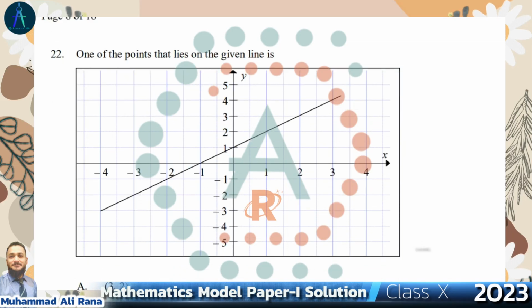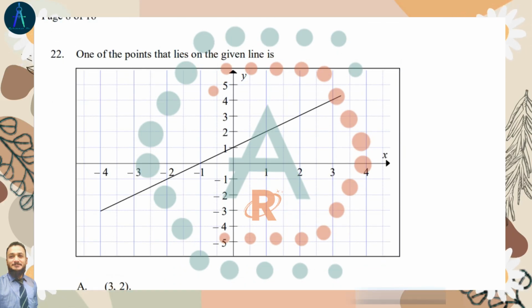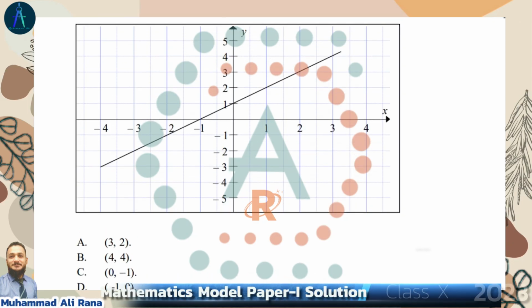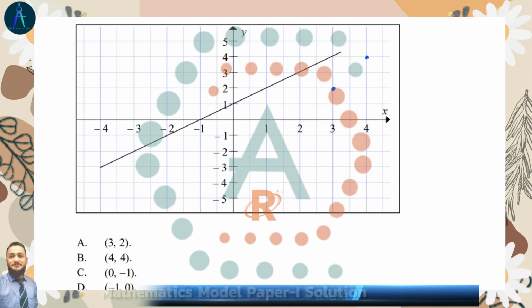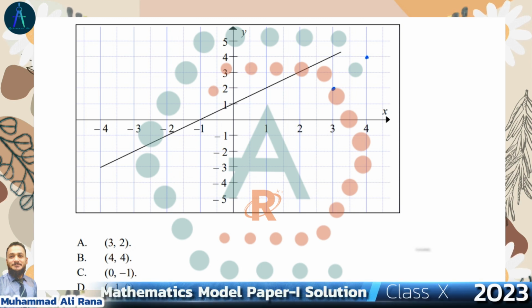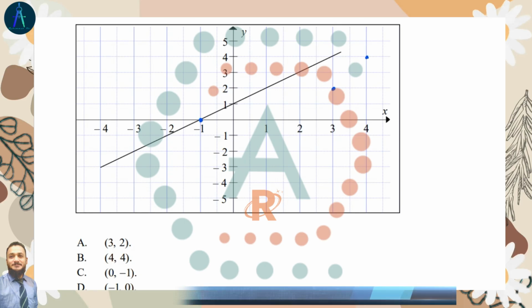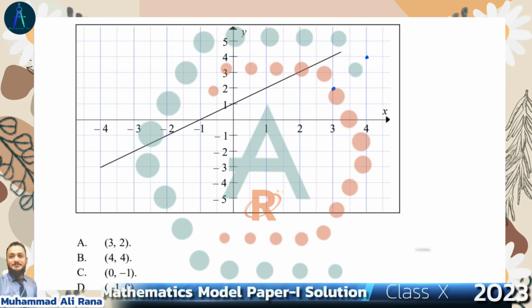One of the points that lie on this given line will be, so we have got the 4 points. 3, 2 will be the point here, okay, it does not lie on the line. 4, 4 will be the point here, okay, again it does not lie on the line. 0, 1 will not be this point, while 0, -1 will be this point.